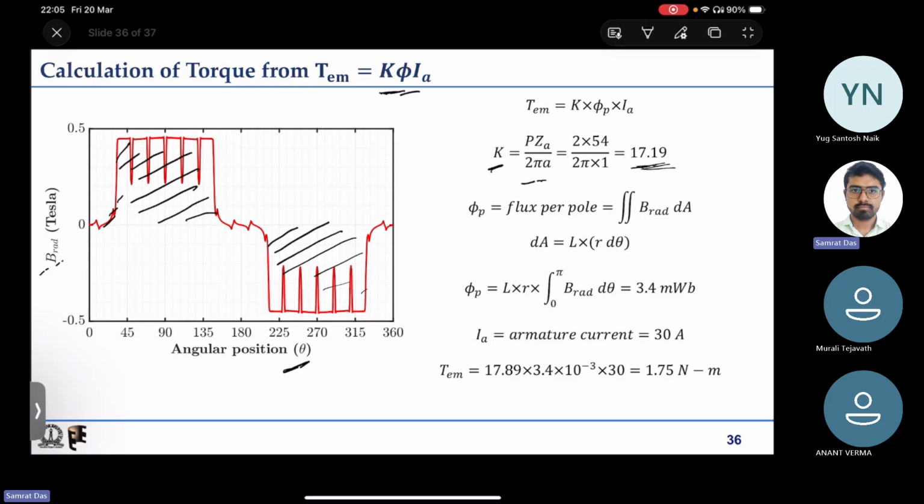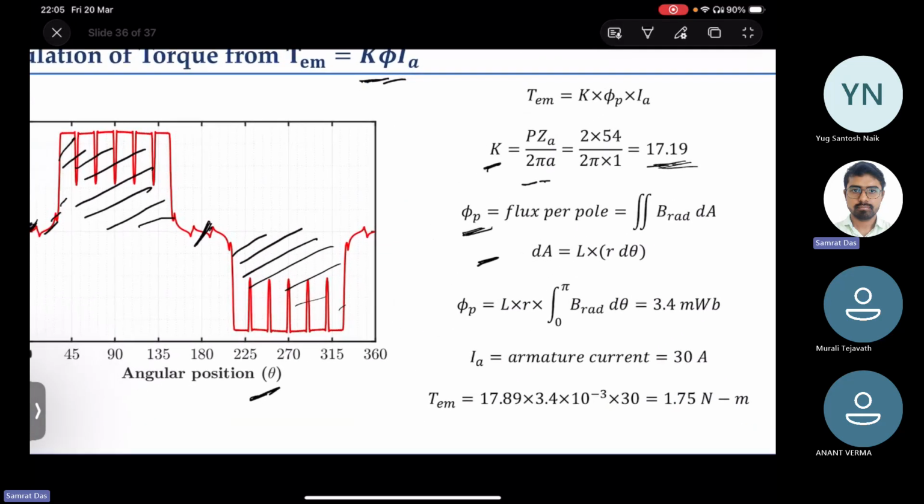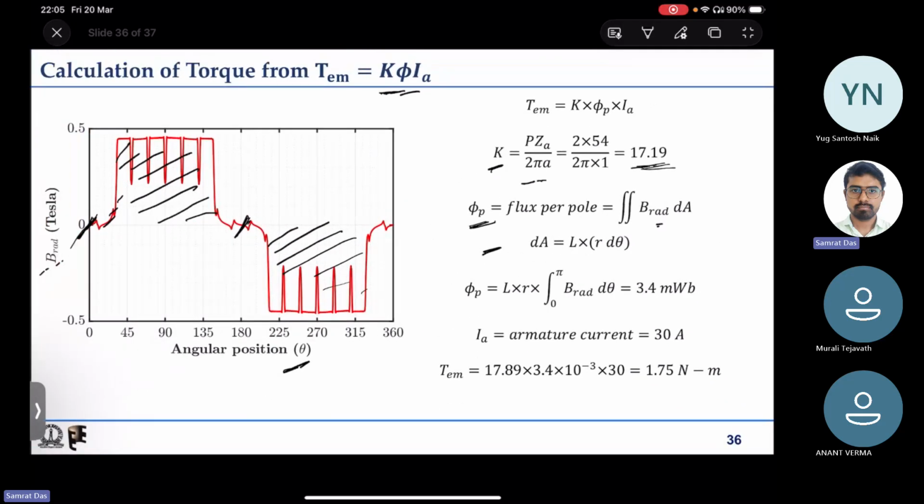So since it is flux per pole, you have to take the integration from 0 to pi, and if you do the same integration, flux per pole equals the surface integration of B radial into dA, and dA is L into R into d theta. If you plug in the numbers, you will get a flux per pole of 3.4 milliweber for this case.